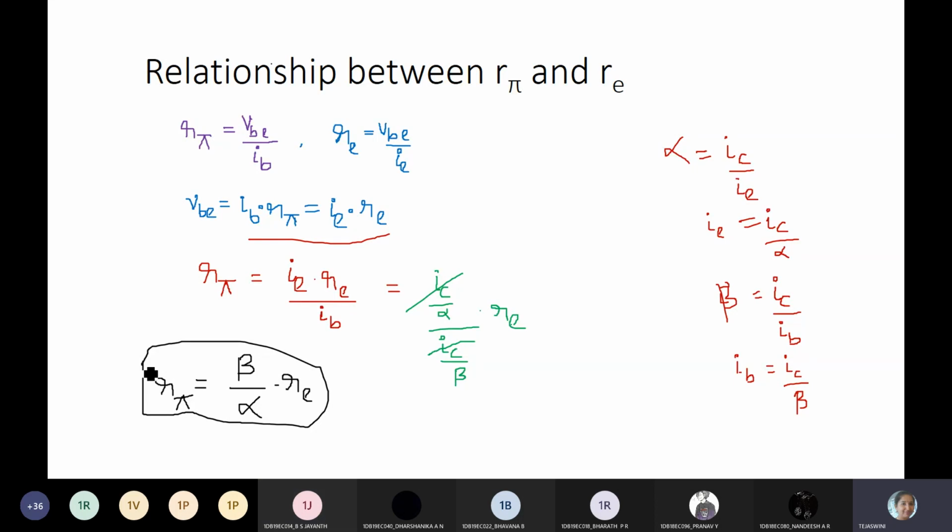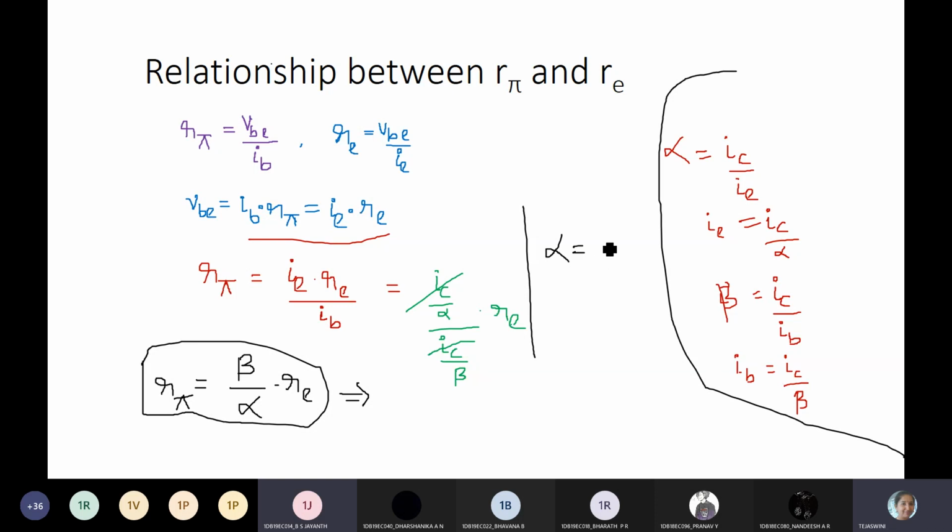And you have an alternate expression. I hope you remember, I don't know: what is the relationship between alpha and beta? Any guesses? Alpha is equal to beta by 1 plus beta. Yes, very good. So now, if I substitute for alpha here, what are you going to get? These are the alternate formulas.